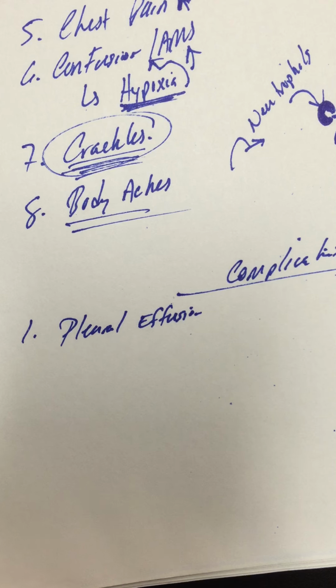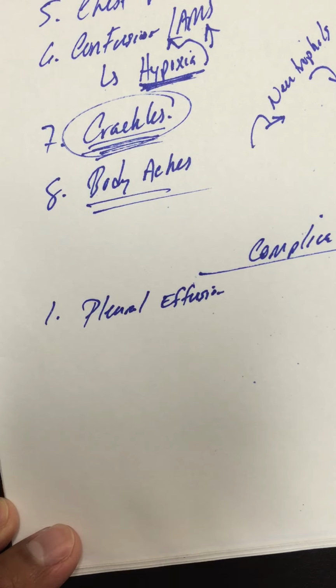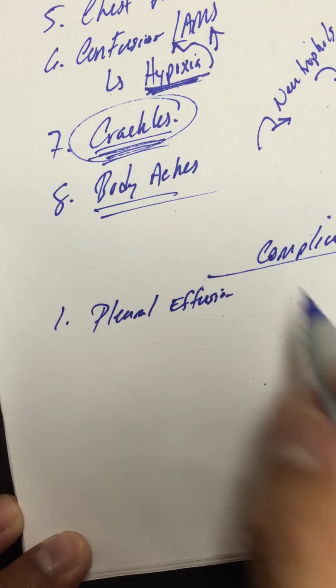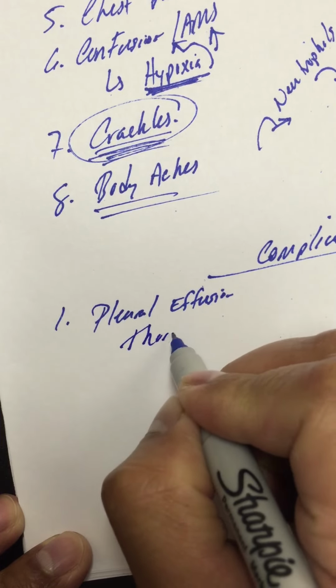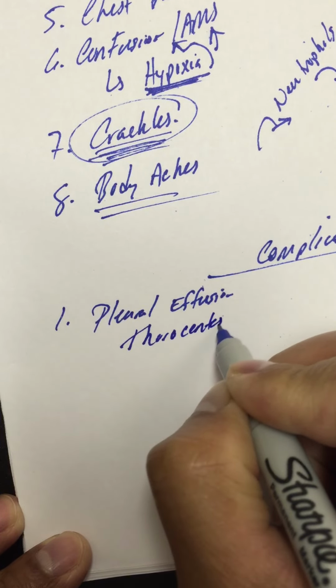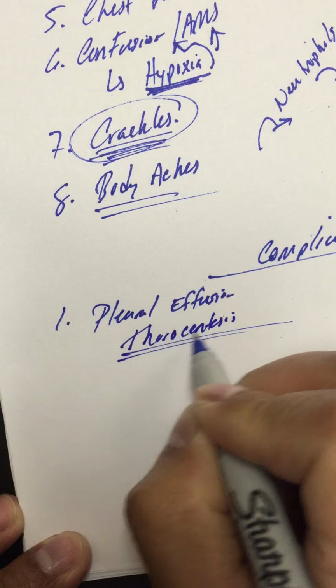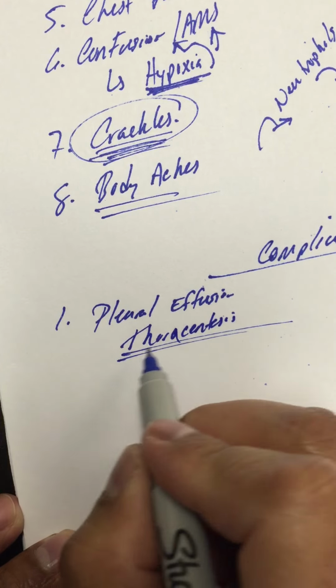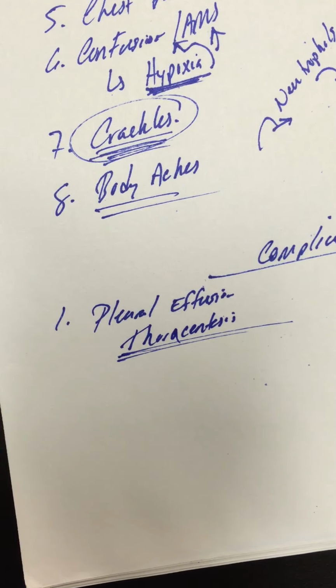If the fluid accumulation is severe enough and is impeding oxygen to be exchanged, if the hypoxia is severe enough, then something like a thoracentesis may be performed. Again, the purpose of the thoracentesis is to remove that fluid to again help the patient breathe.